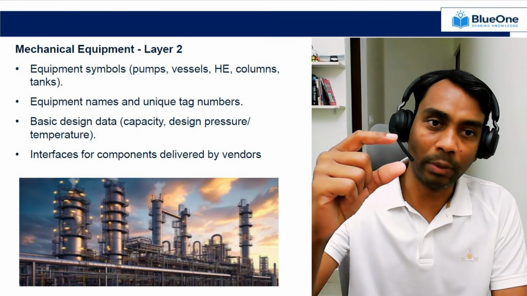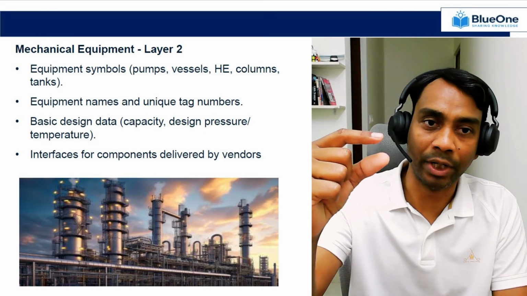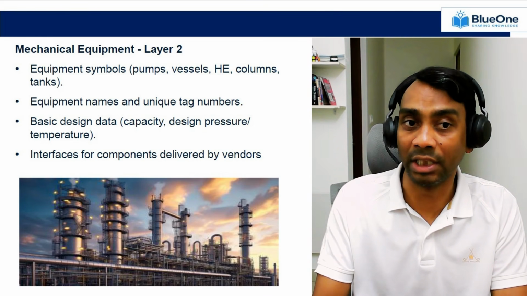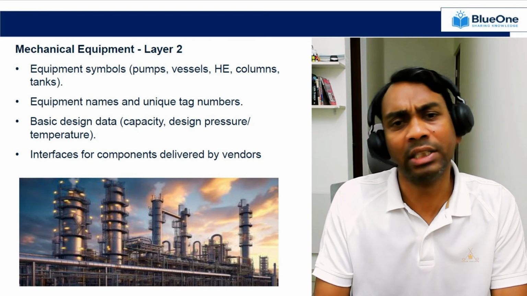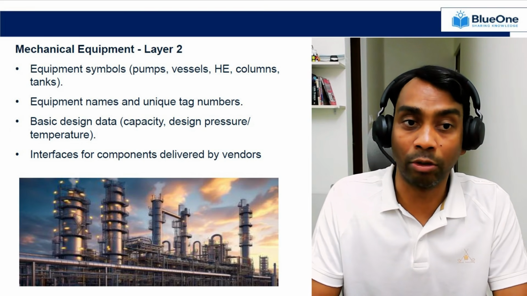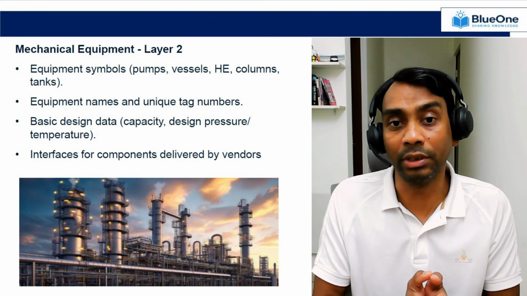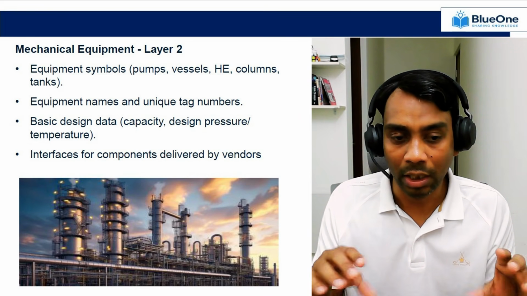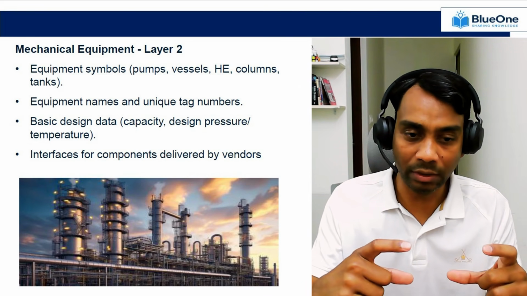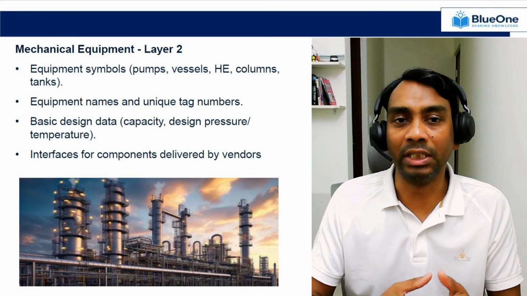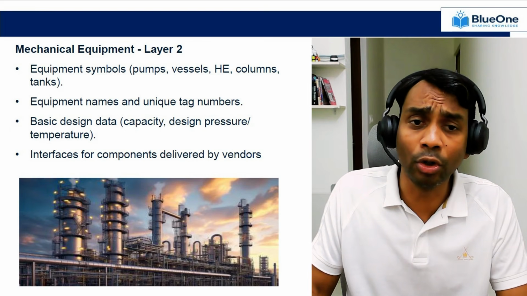If you go to the top of the P&ID, there will be an equipment name, and it will have basic design data like capacity, design pressure, design temperature, and sometimes some additional information for the specific case. It will also have an interface for the components delivered by the vendor. So you can easily navigate the tie-ins available between your core plant facility and a package supplied by the vendor. You can easily have all this information on layer 2.